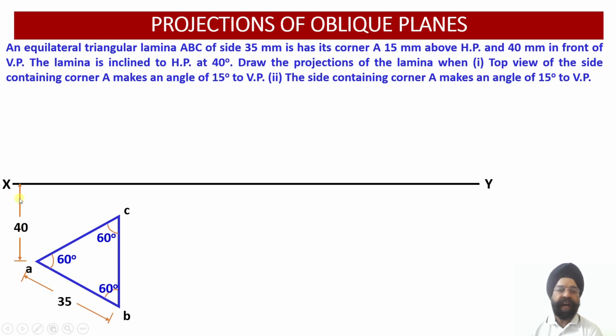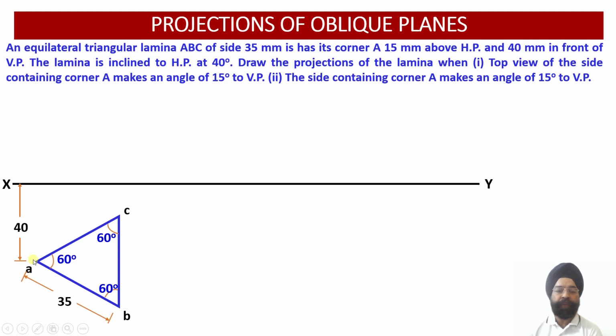So just see, after leaving 40 millimeter from the XY reference line, now you draw the equilateral triangle. Since the triangle is equilateral, the internal angles, all the three, will be equal to 60 degree apiece. Now having drawn the top view of this lamina, we need to draw the front view.